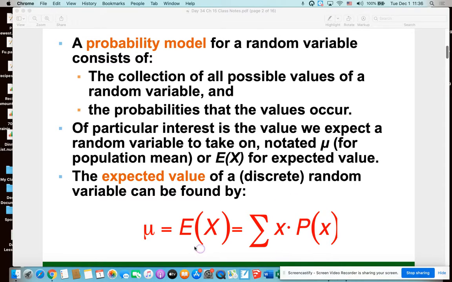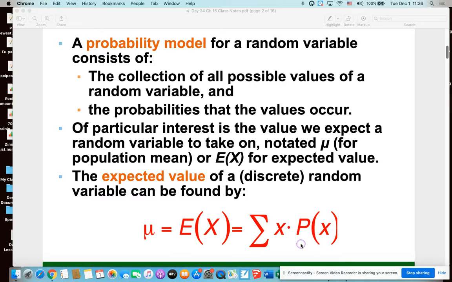So the formula you see down here is the mean equals the expected value of x, whatever the discrete thing is you're looking for. What you do is take the value of that times the probability of that happening. It seems maybe a little weird, but it's really just a weighted average. You're still dividing by how many you have, but each one has a little bit different weight.